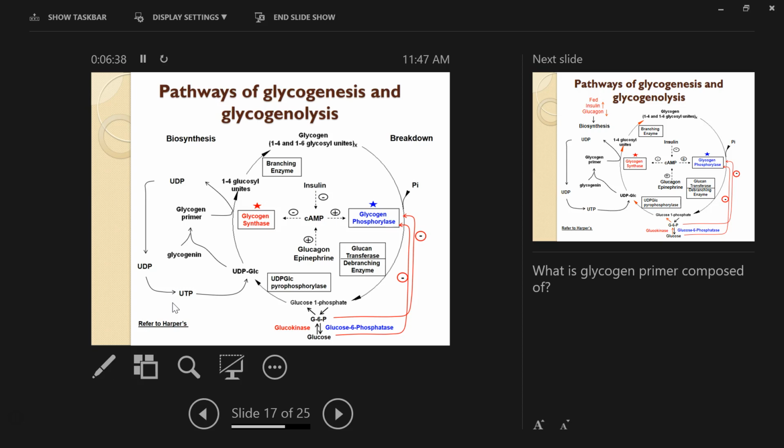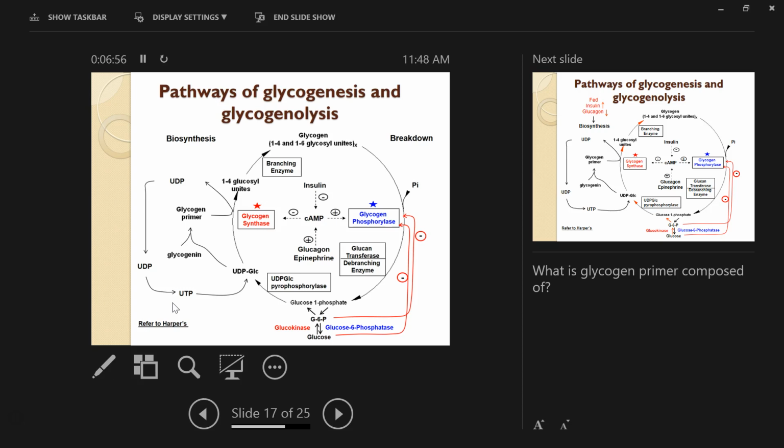And also the two substrates, right, are also important. Glucose 6-phosphate and free glucose both can inhibit glycogen phosphorylase, right?